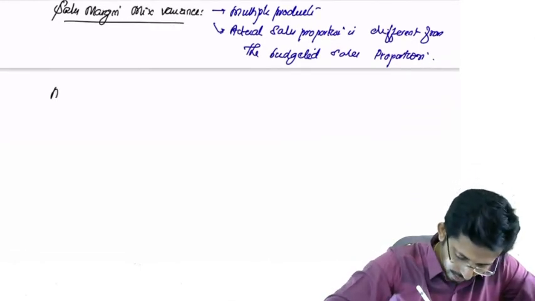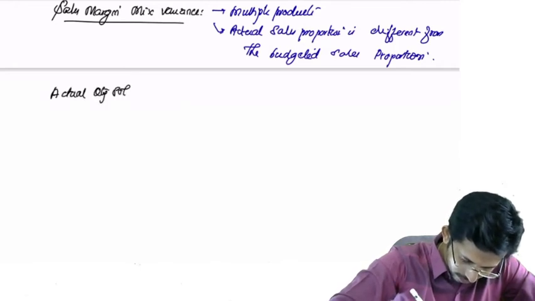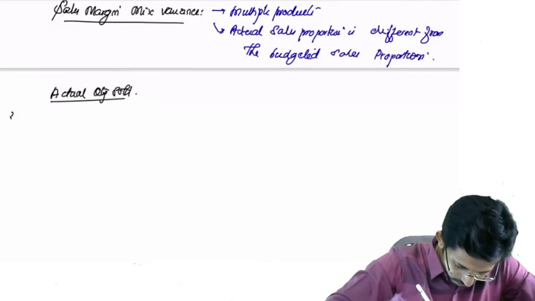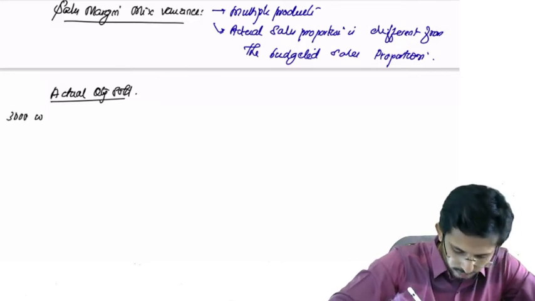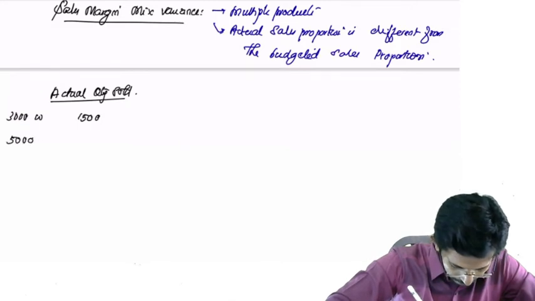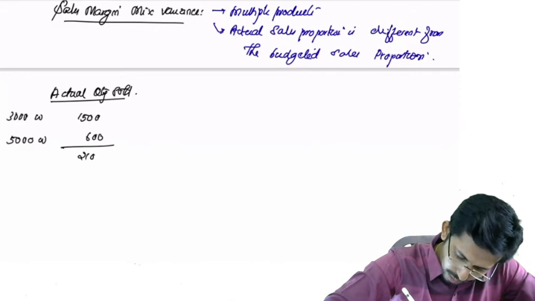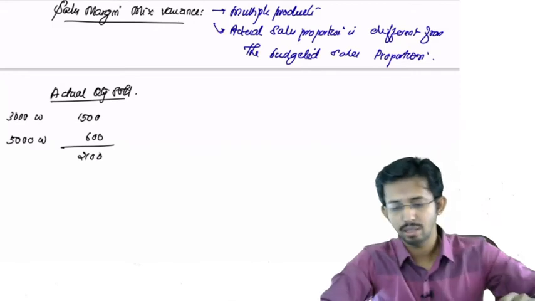Okay, now if you see here, what is the actual quantity sold? We have 3000 watt, 1500, then 5000 watt, that is 600. So in total you sold 2100 units.